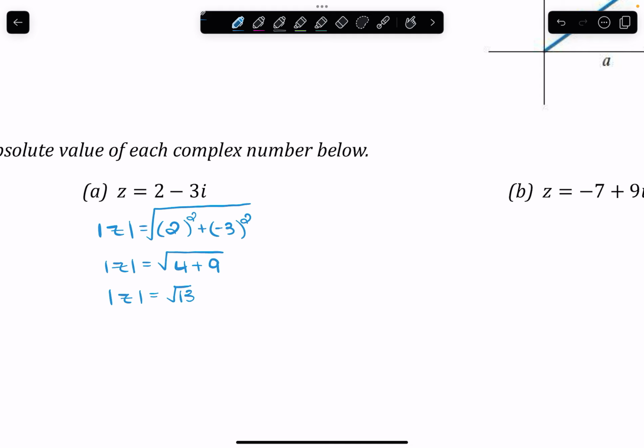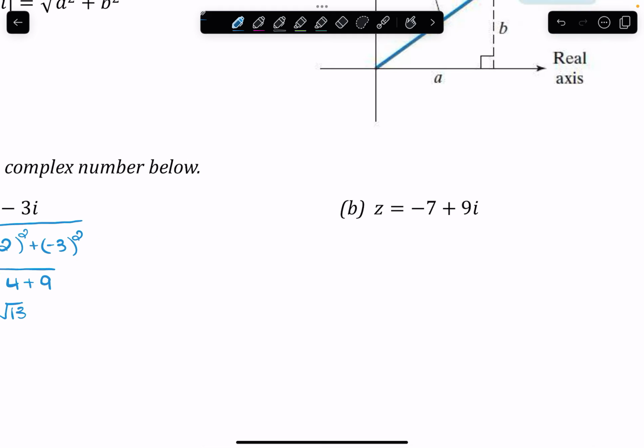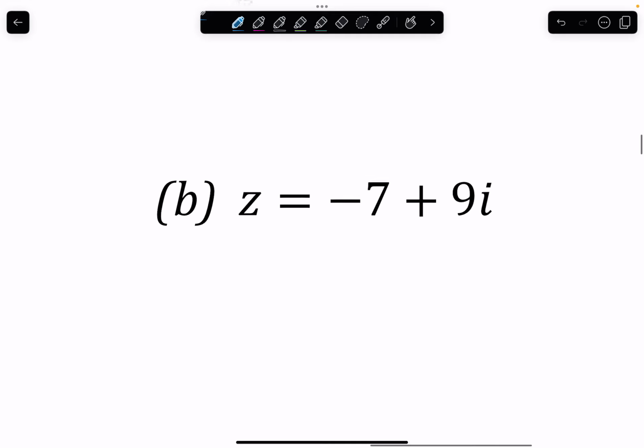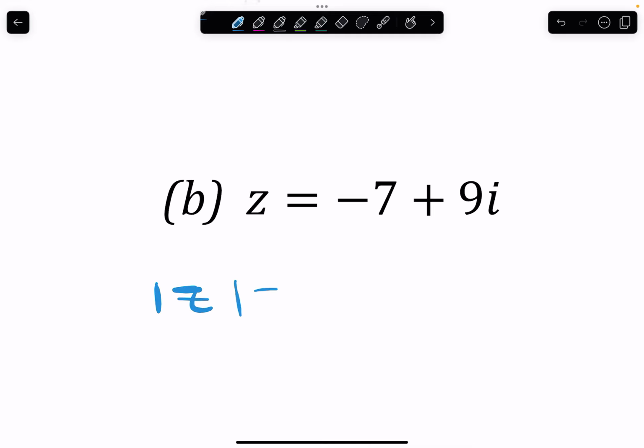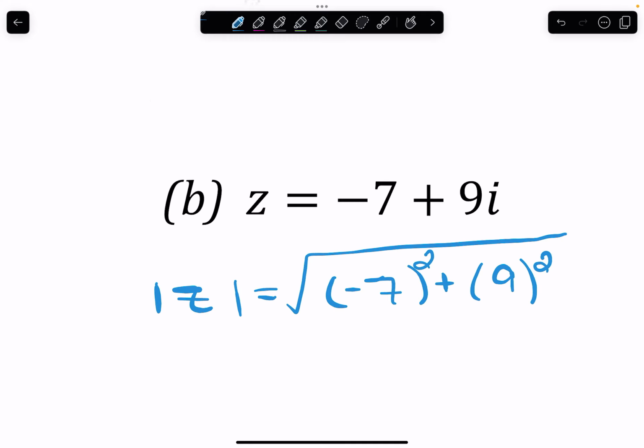All right, b, negative 7 plus 9i. So the absolute value of z is negative 7 squared plus 9 squared under a square root.